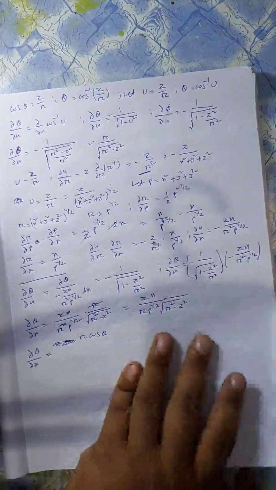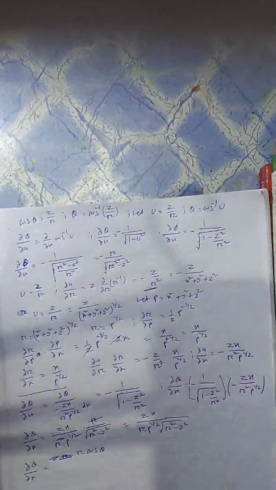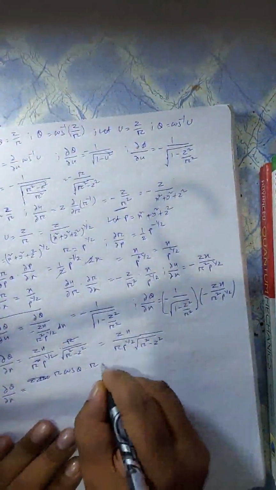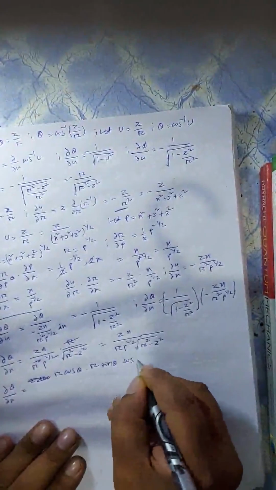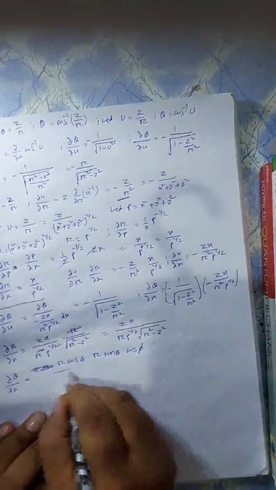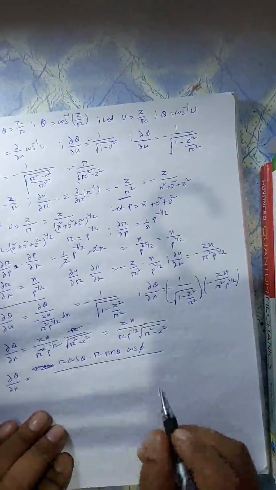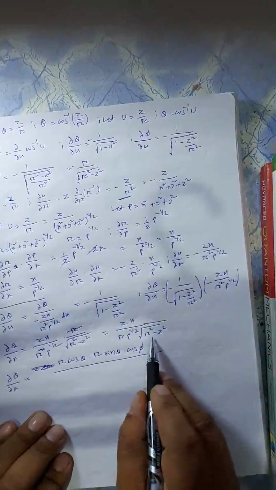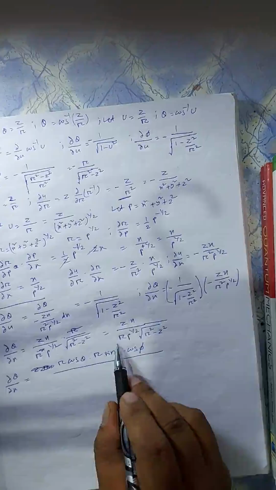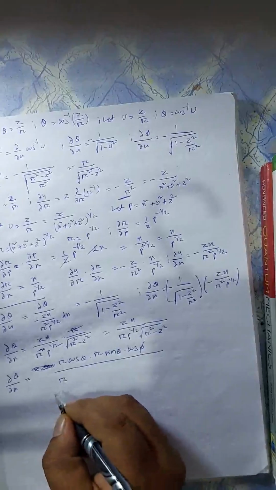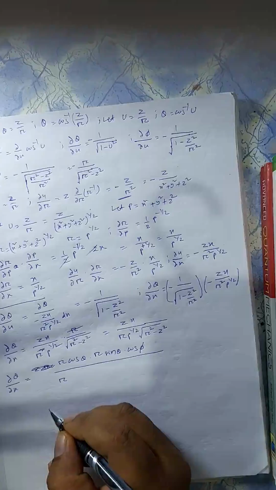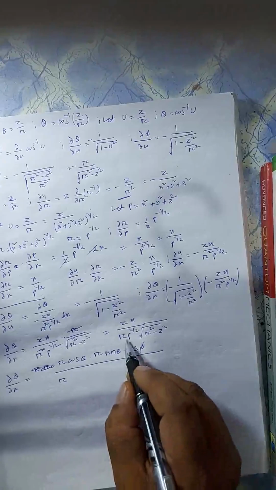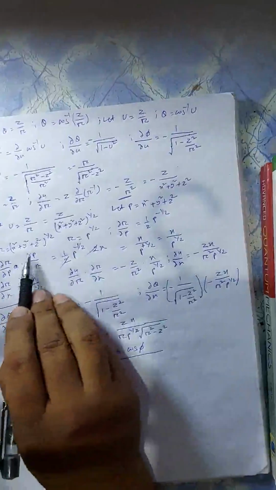X is equal to r sin θ cos φ. So r sin θ cos φ divided by r square, p to the power half.